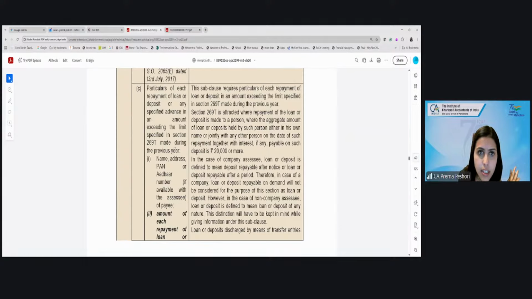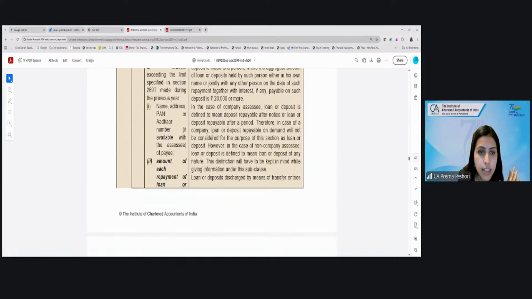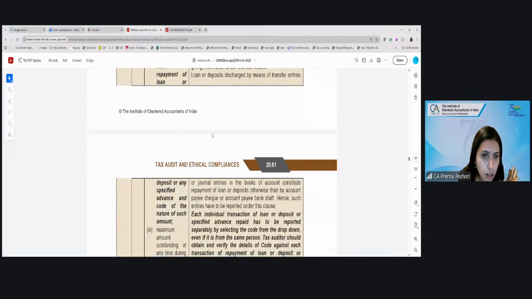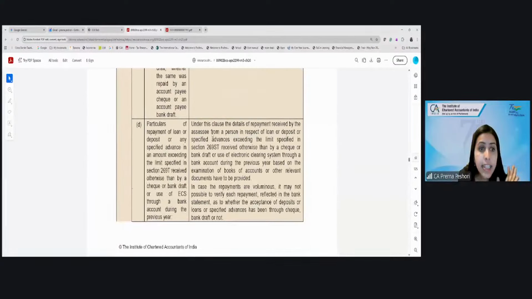Are we getting this? Yes or no? This you have to mention in this particular clause. In the D clause, you have to mention particulars of the repayment of loan or deposit which are received by the assessee. Not made. Here you are received by the assessee.